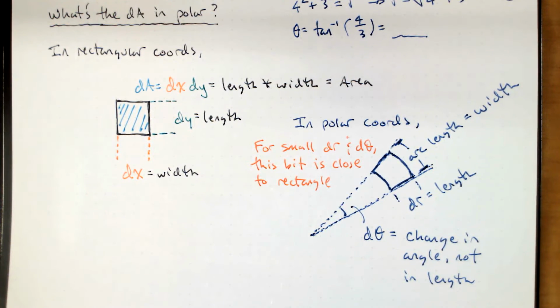Then all we have to do is remember our formula for arc length, which is just the radius multiplied by the change in angle. The change in angle represents some fraction of an entire circle. And then we just have to multiply by the radius.